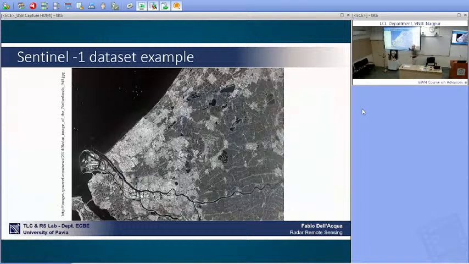Why are you capable of telling me that this is an urban area and this is a rural area and this is sea? This is water. What is in the image that tells your brain that these are different objects?